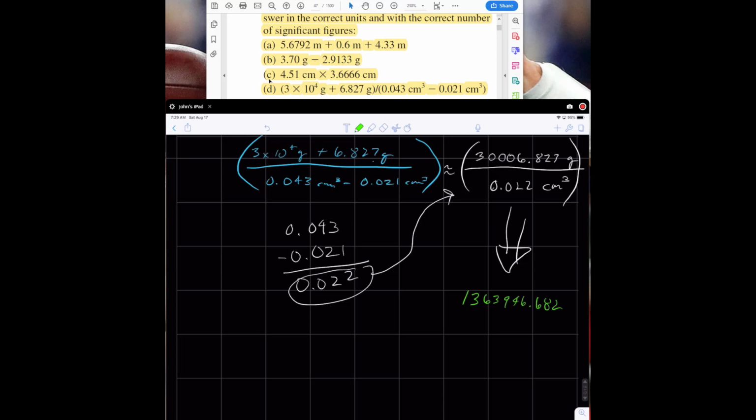Wait a minute. We missed an important step here, so this is a good example.